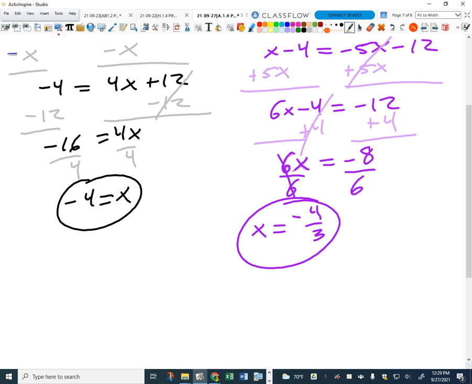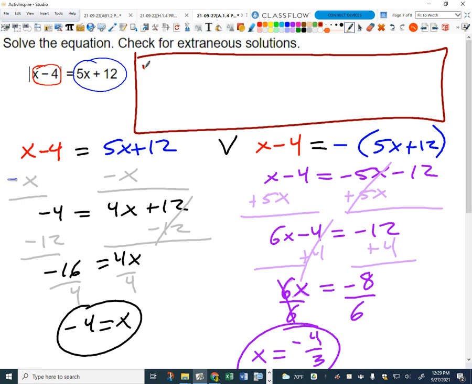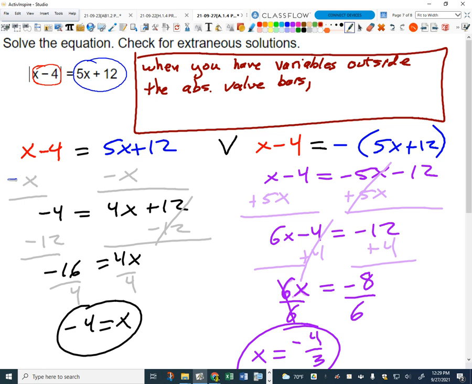Okay, so it's not that much harder, but there's one more thing you got to take into account here. There's a rule with this. Okay, here I'm going to put this in a box. It's such an important rule. When you have variables outside the absolute value bars, if that ever happens, and look, we do right there, right?